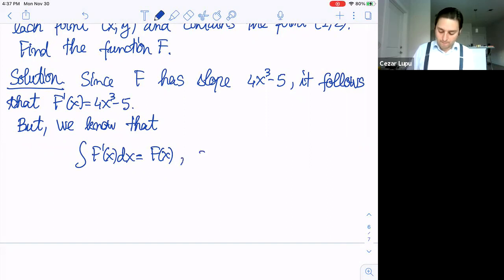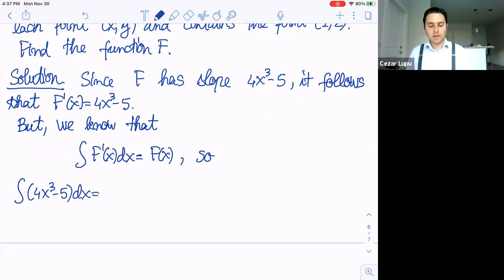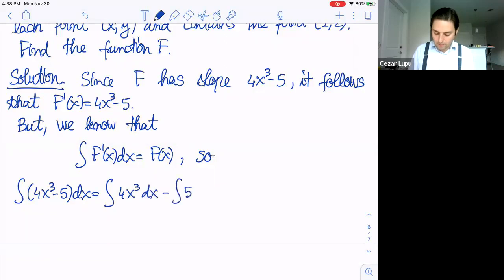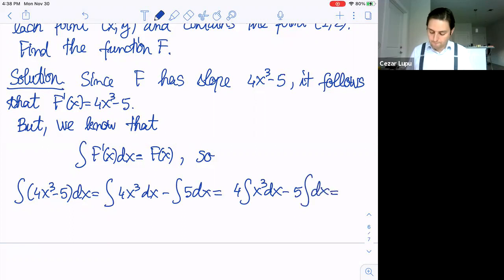So it follows that F of x is the integral of 4x cubed minus 5 dx. By applying the linearity rule, this is the integral of 4x cubed dx minus the integral of 5 dx, which is 4 times the integral of x cubed dx minus 5 times the integral of dx.